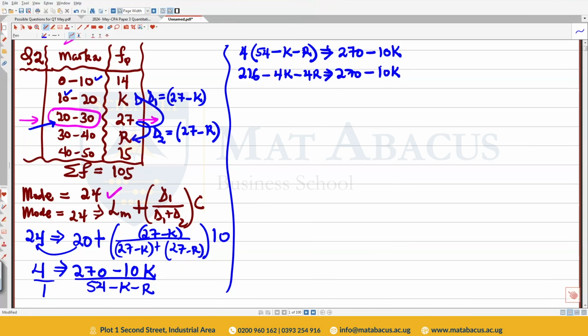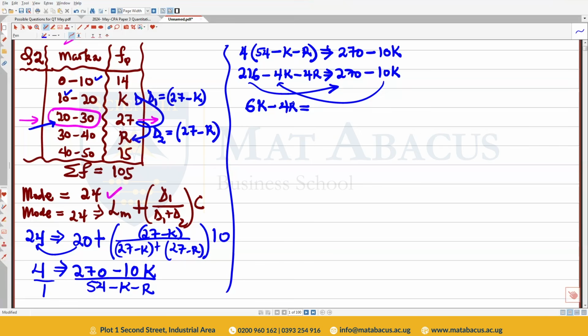This side, we can leave the K and we transfer 216 this side. Then we bring the 10K this side. So we shall have 10 minus 4, which is 6K. So by and large, you'll have 6K minus 4R being equal to, what is 270 minus 216?